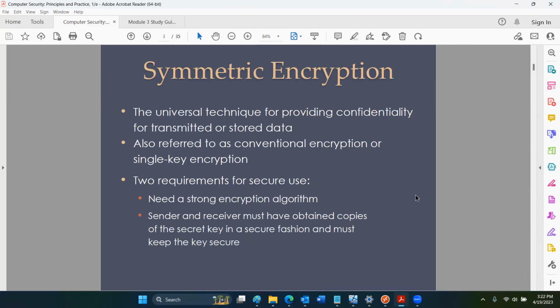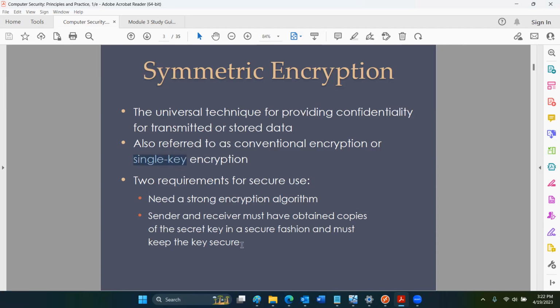So there are two basic forms of encryption. One is referred to as symmetric encryption, and that means that you have a single key, and it's often called single key encryption.